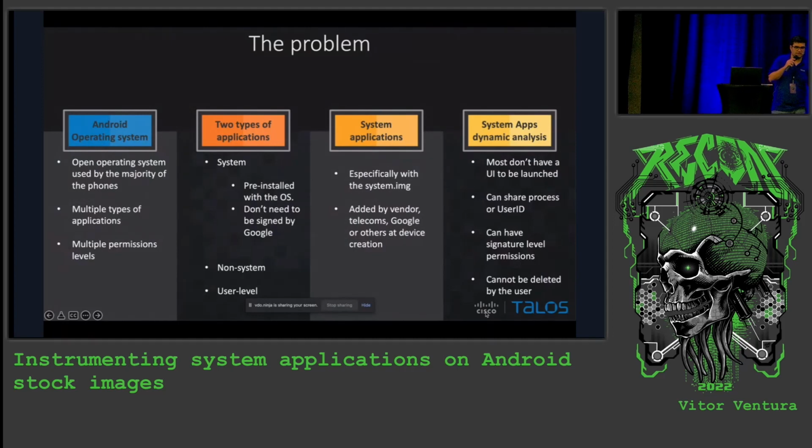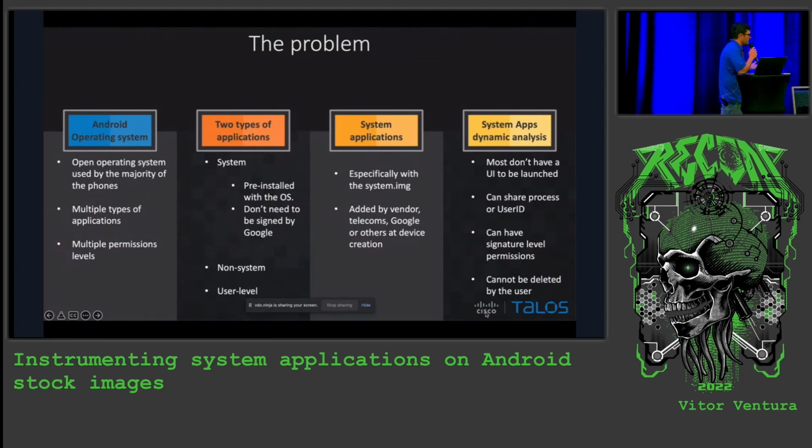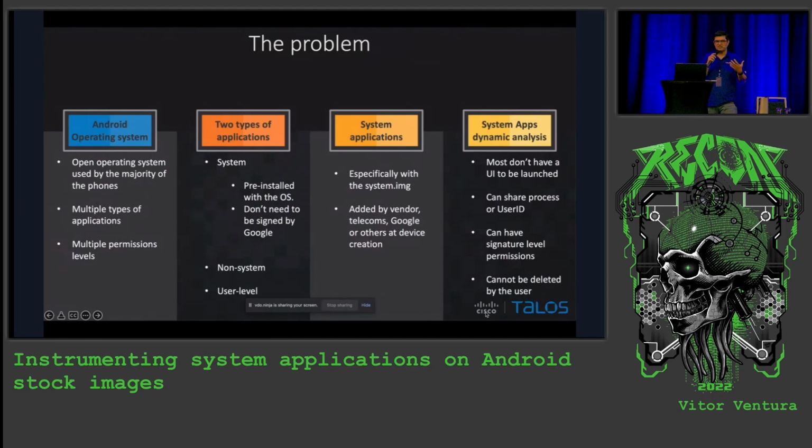You have the system applications, which are also called vendor or product ones, which are installed on the operating system by vendors, Google, ISPs, and you cannot uninstall them. They will always be there, and they start with the operating system itself, and usually they don't have a UI. That makes it hard to debug them because you can't even get to the point where you can actually launch them when you want.